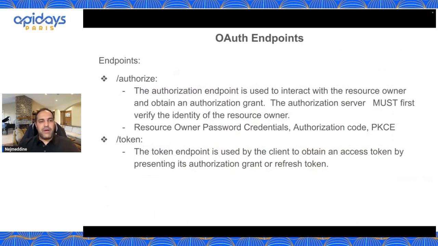Now, keep in mind that when you are implementing the OAuth 2 protocol, you need to implement two endpoints. The first one is the authorize endpoint, which is used to interact with the resource owner and obtain an authorization grant. Note also that the authorization server must first verify the identity of the resource owner.